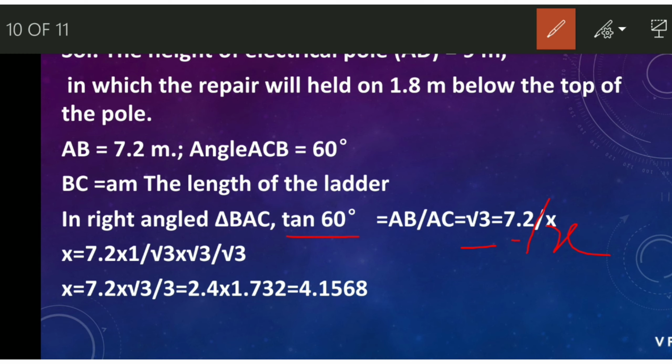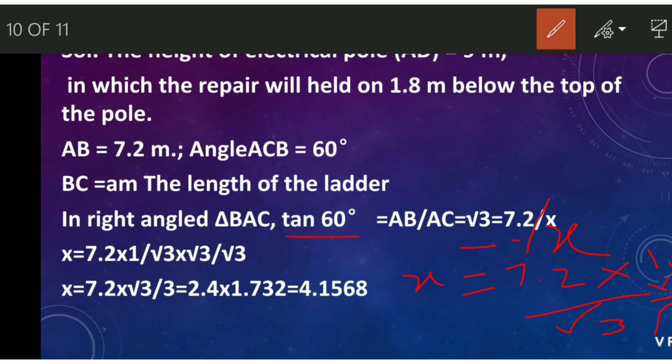Now on cross multiplication we get x equal to 7.2 into 1 by root 3. On rationalization of root 3, we can write into root 3 by root 3.